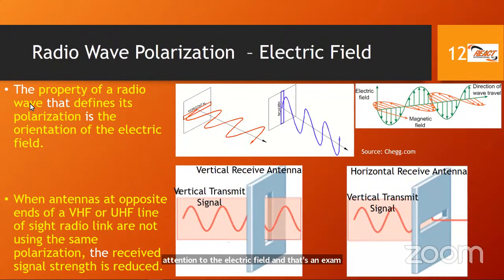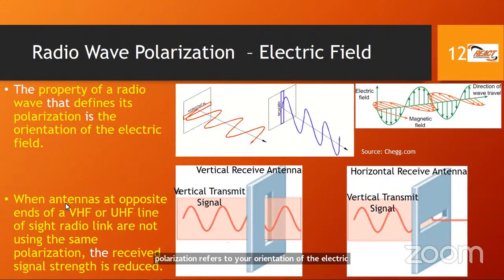So the property of a radio wave that defines its polarization is the orientation of the electric field. So if the electric field is up-down, then that's vertical polarization. If the electric field is left-right or across, then that is horizontal polarization. So this is an exam question that you need to know, that polarization refers to the orientation of the electric field.